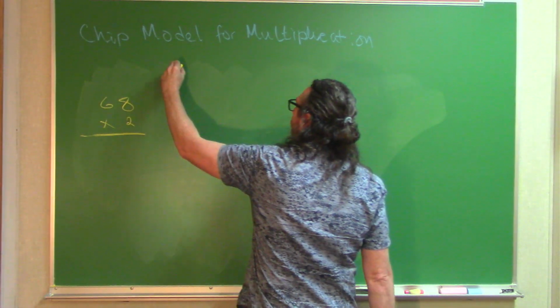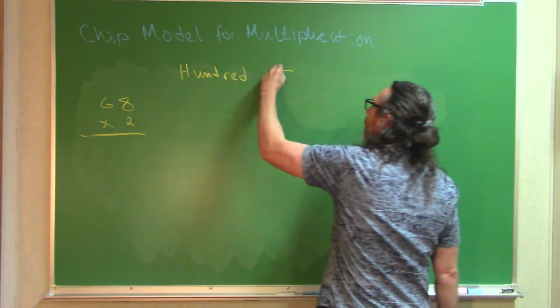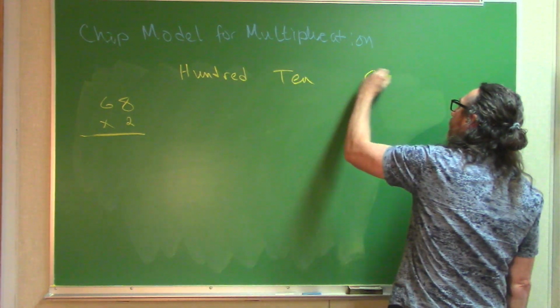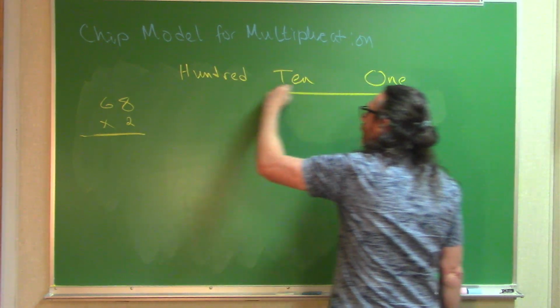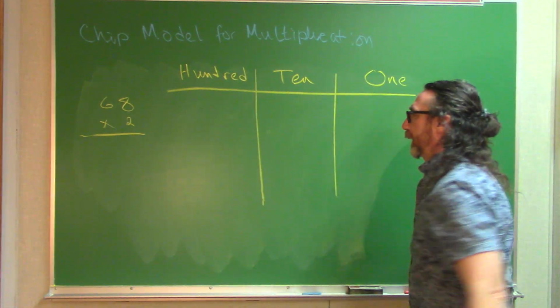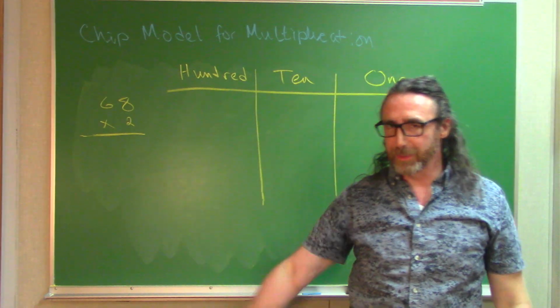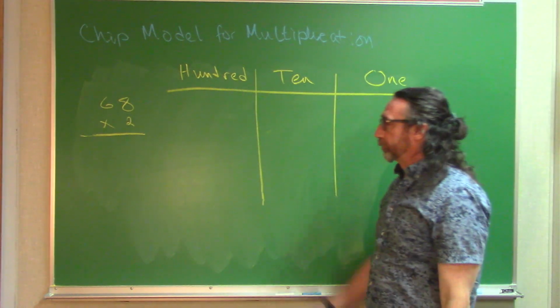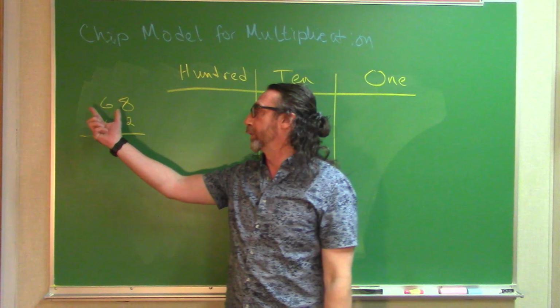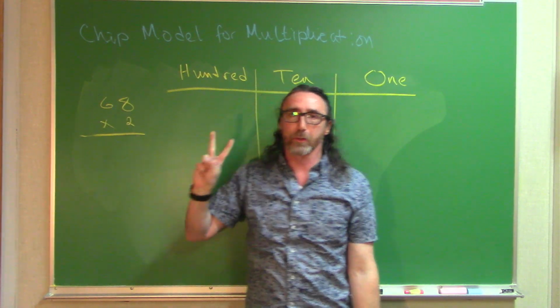Okay, I'll do it in the chip model as well. Notice here, I am bringing the hundreds tray into the mix. I think I'm going to need that, but let's see. We'll follow the same procedure. We are going to load this number, 68, into the chip model 2 times.